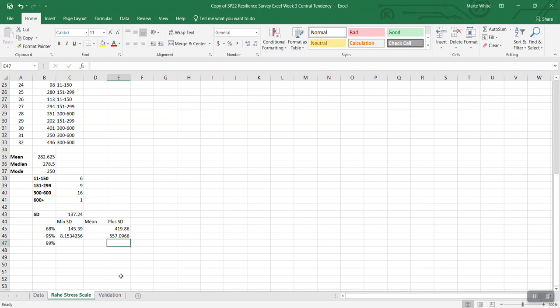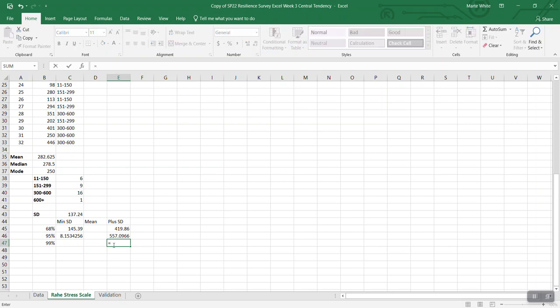We don't have to do 3 standard deviations below because there's no score that low in the data. But we can definitely find out what the score is for 3 standard deviations above the mean.